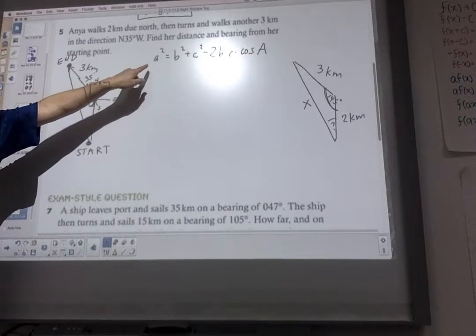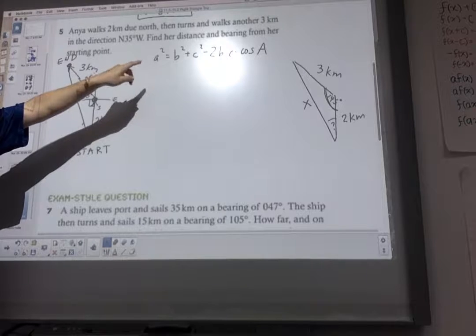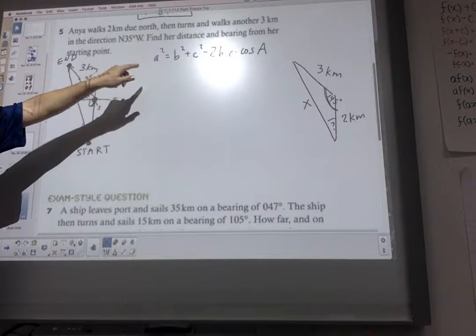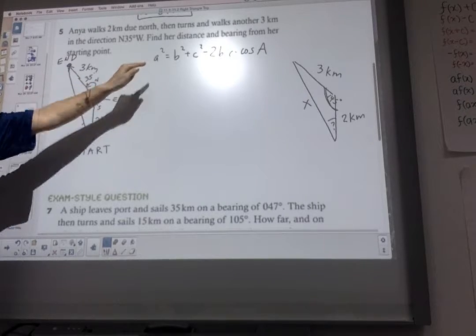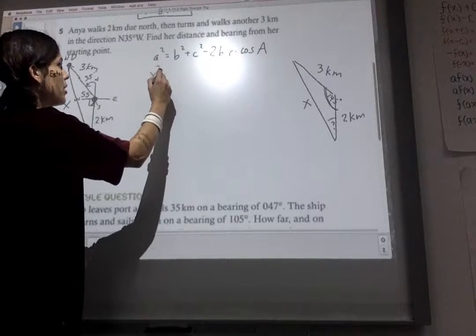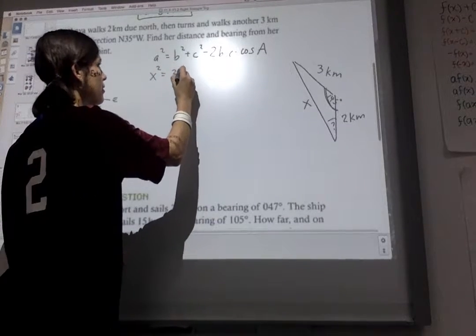Alright guys, I'm going to write the formula again. Who goes isolated on this side? We want the bearing, we'll worry about that later. X. X squared. Who do I put isolated on this side? The x. Who do I put here as b and c? Whichever, the other two sides. It doesn't matter, leftovers.